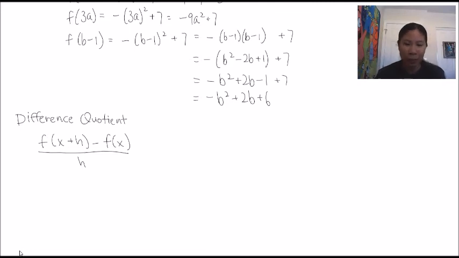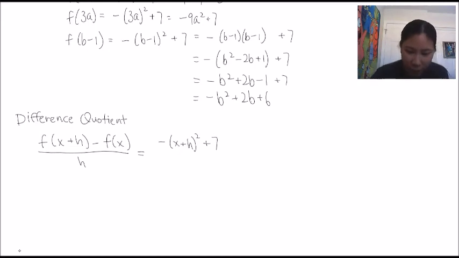So let's say we're using the same f of x as before, negative x squared plus 7. Plugging into the difference quotient, f of x plus h means plugging in x plus h where we see x. So instead of negative x squared, it'll be negative x plus h, squared, plus 7.